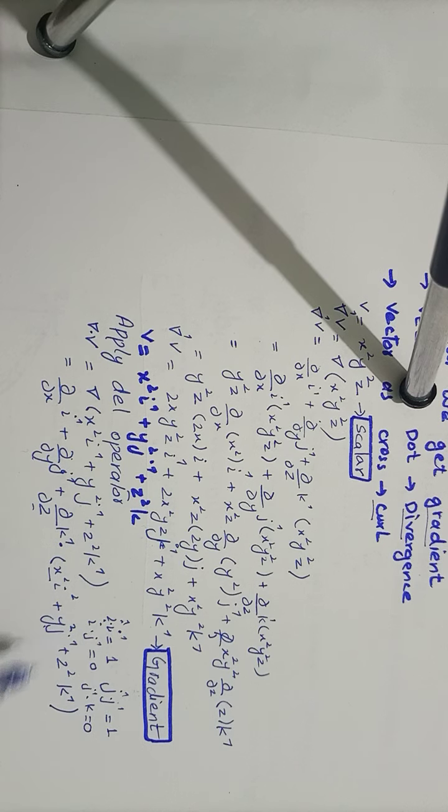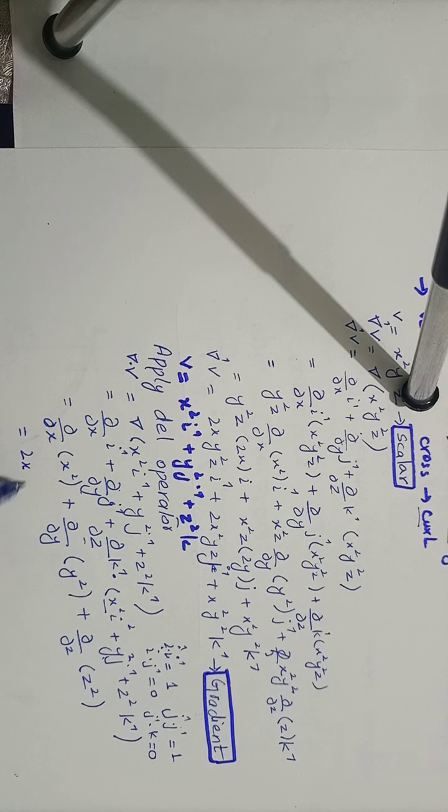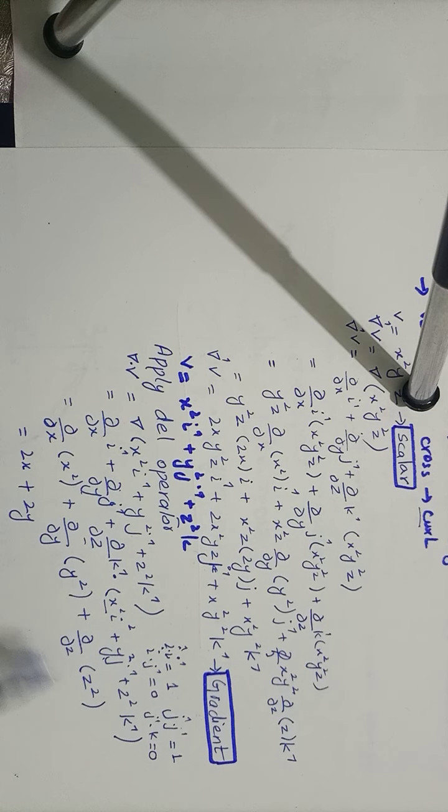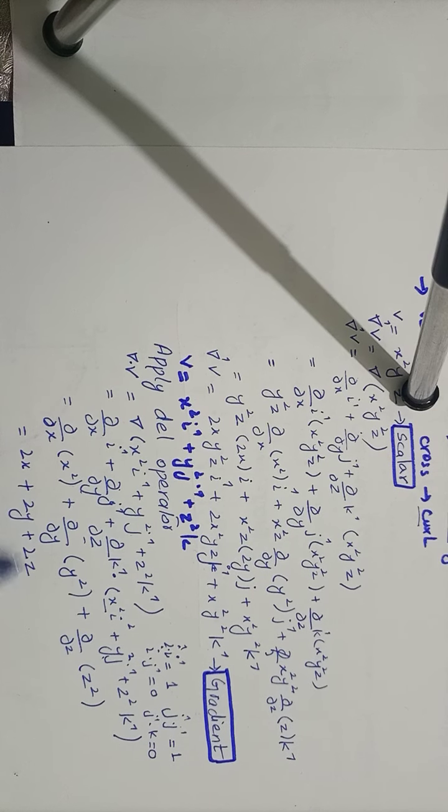So partial over partial x of x squared, with i dot i equal to 1, plus partial over partial y of y squared, with j dot j equal to 1, plus partial over partial z of z squared, because k dot k is equal to 1. Take the derivative of x squared, which is 2x, y squared gives 2y, and z squared gives 2z.